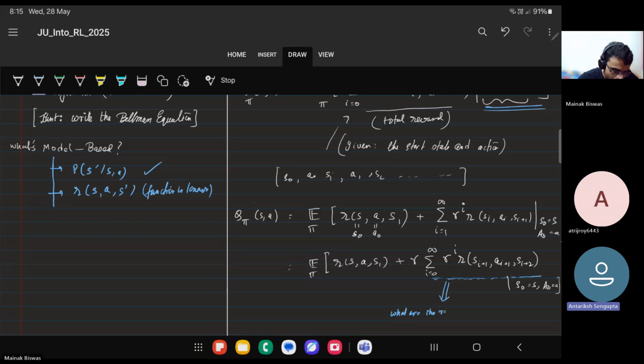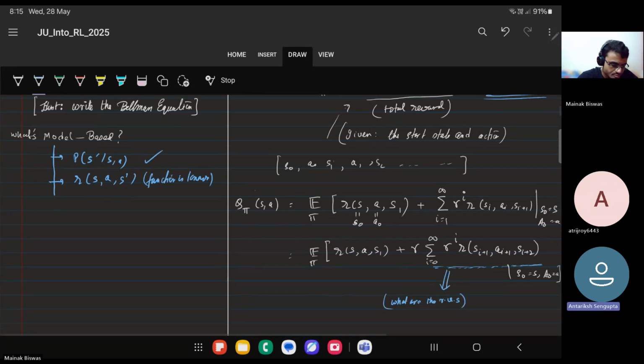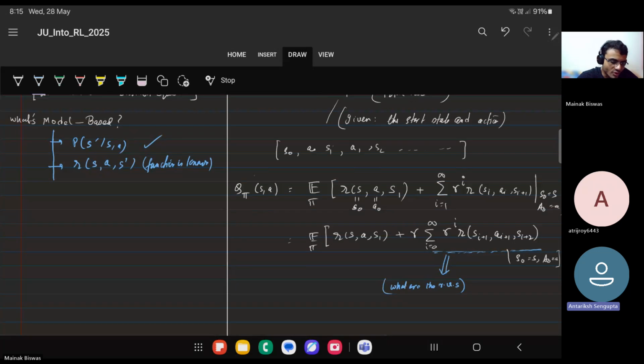They are S_{i+1}, A_{i+1}, and S_{i+2}, and I can condition over S_{i+1} and A_{i+1}. So the random variables are all these: S1, A1, S2, and so on, right?